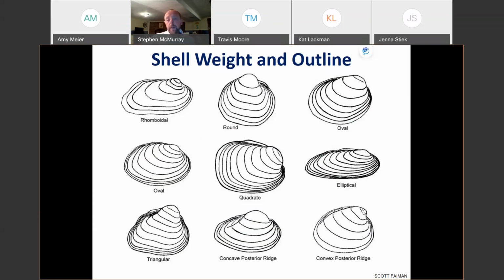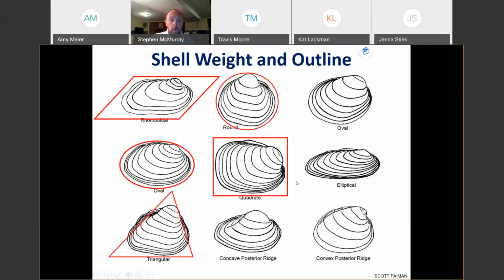And then the next thing is the outline. The outline shapes that we normally use are here. And the thing that you have to keep in mind, though, is that not all mussels, even the ones that were drawn to represent these shapes, rhomboidal or round or quadrate or oval or triangular, don't always fit into these exactly.